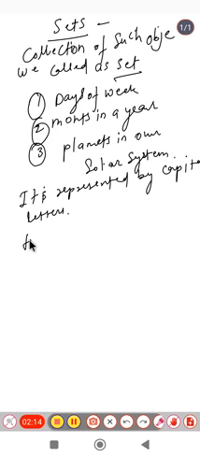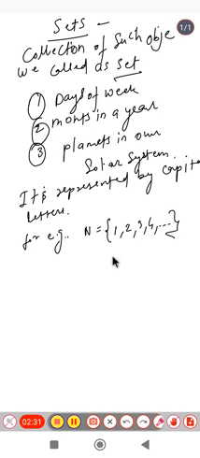For example, we can write N. N is nothing but a set of the natural numbers like 1, 2, 3, 4 and so on. Okay, we call it a set of natural numbers.